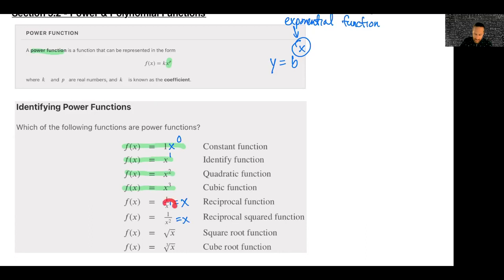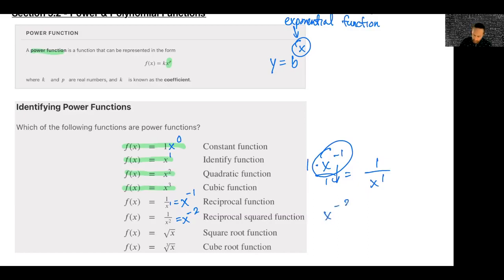Well, if I need to take this x to the first and move it to the opposite side of my division bar, hopefully you remember that would be when we take a negative exponent. So whether it's a 1 or a 2, when we have a negative exponent, we move it across our division bar and it became that.